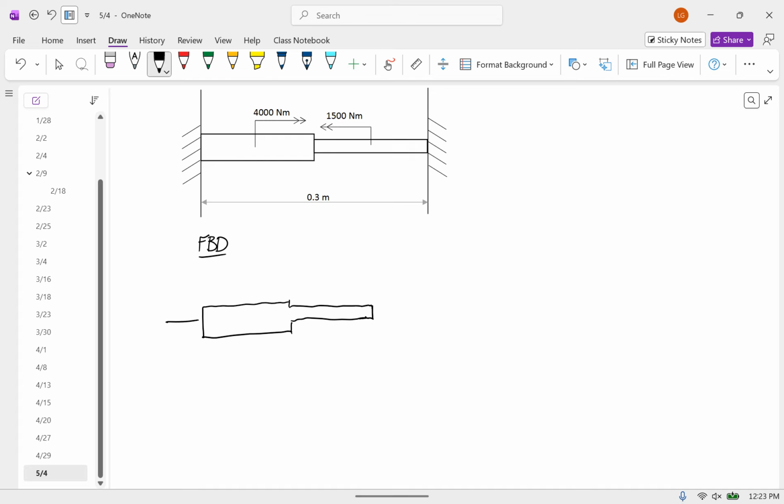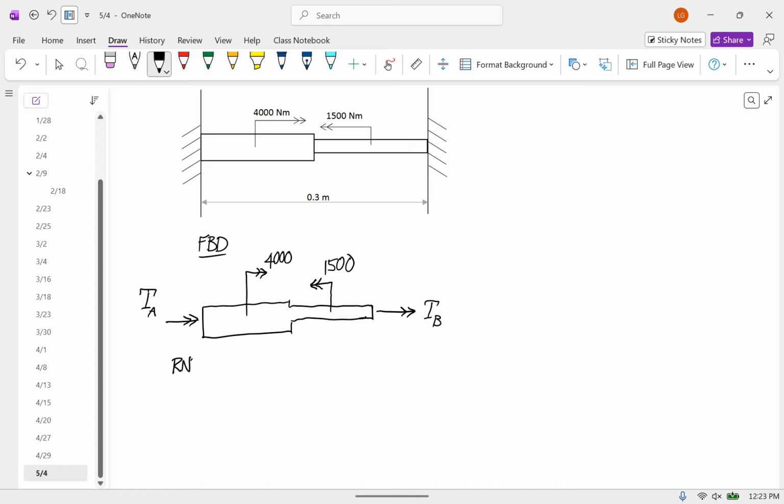Okay, so let's call this torque A, fancy TA. And then over here, we'll call this TB. And then at the middle of the left half, we have 4,000 this way. This is also a torque. And then at the middle of this one, we have a torque going the other way of 1,500.